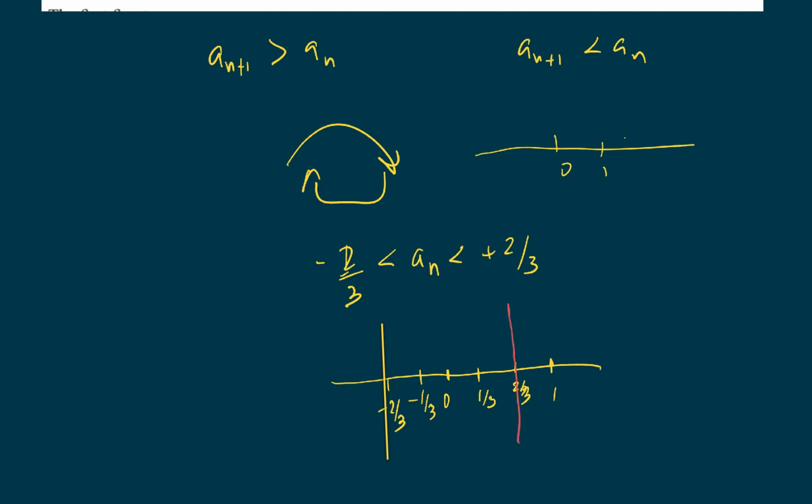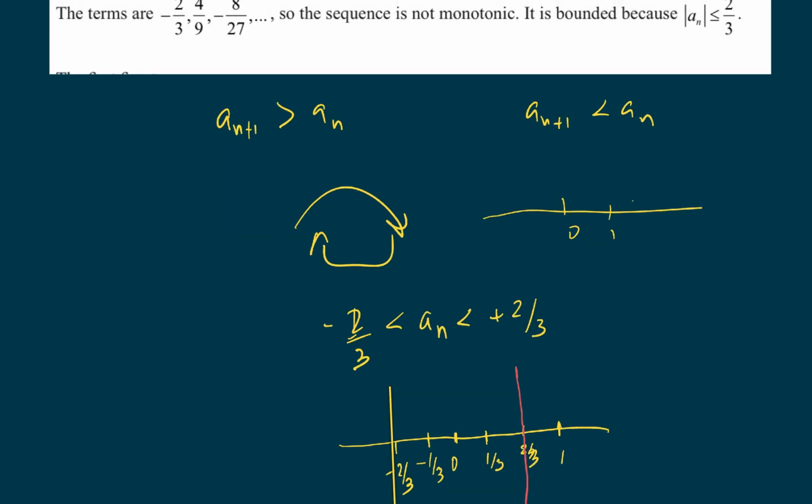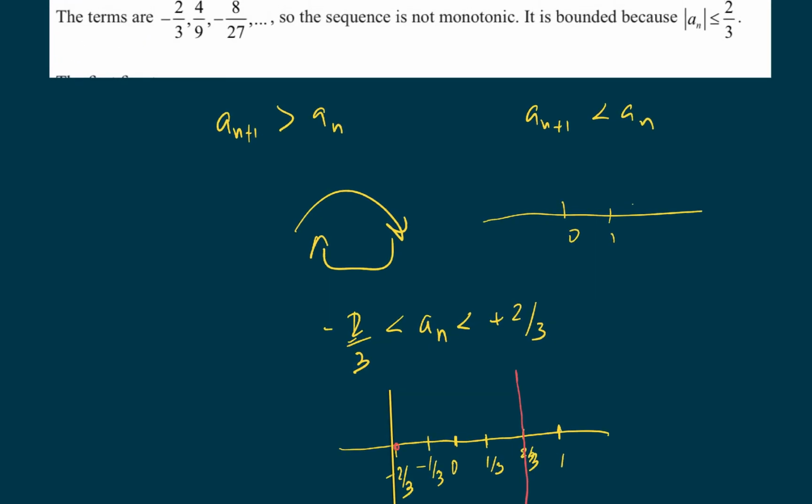So they are bounded. The term a sub 1, for example, is minus 2/3. The term a sub 2 is 4/9, something here. The term a sub 3 is something here. The term a sub 4 is bounded above and bounded below. So we will write that a sub n is smaller than 2/3.